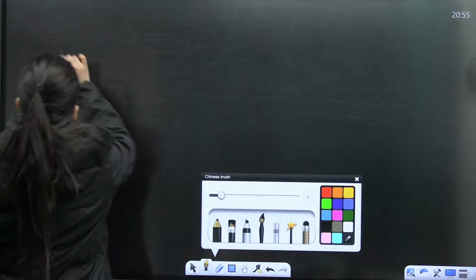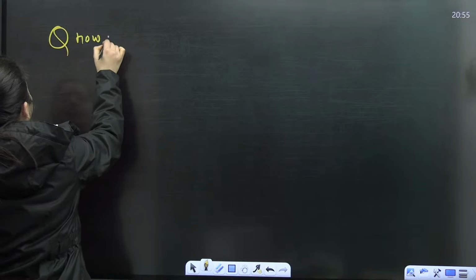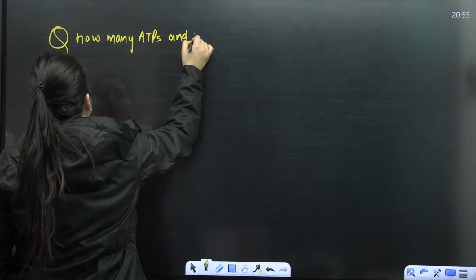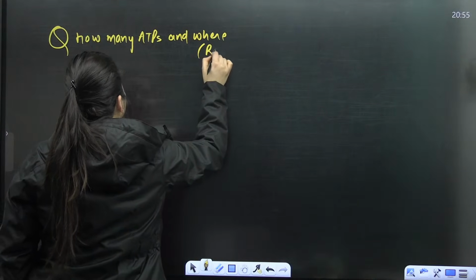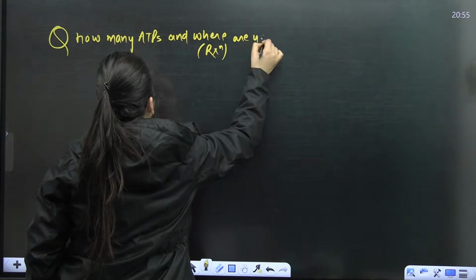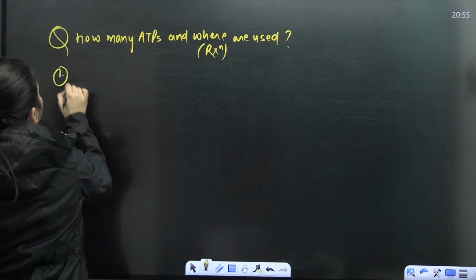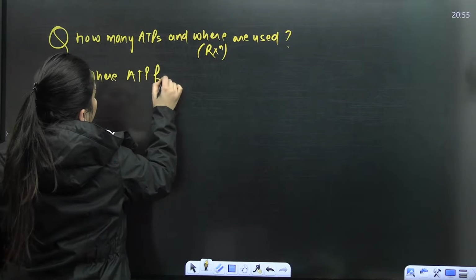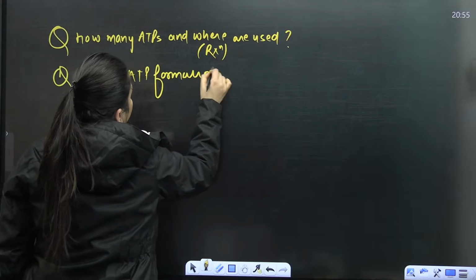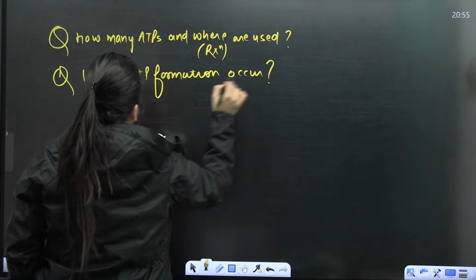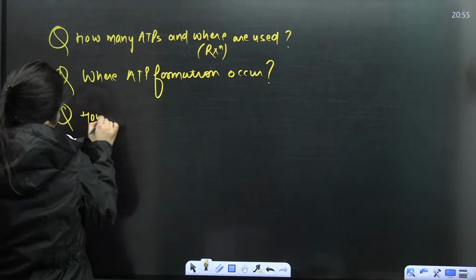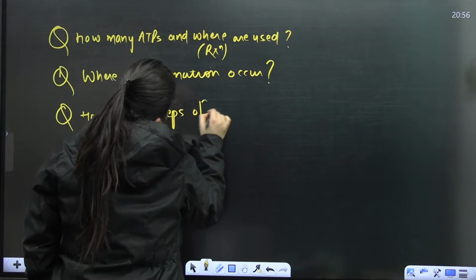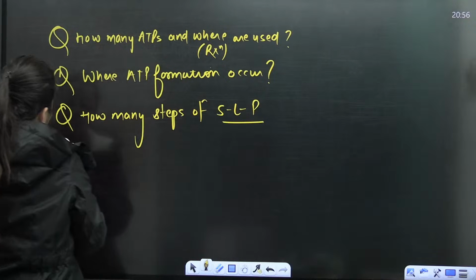If somebody asks me, I'll tell you what you have to prepare from this. How many ATPs and where? You have to remember the reactions where ATP is used. Number 1. Where ATP formation occurs, with reactions, you have to remember. Same question: how many steps of substrate level phosphorylation?